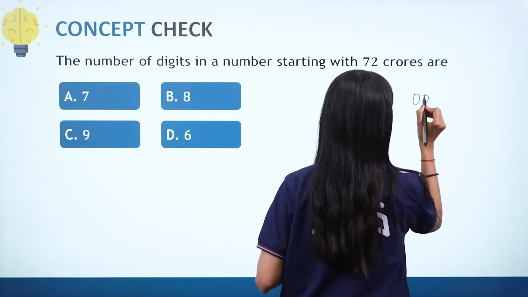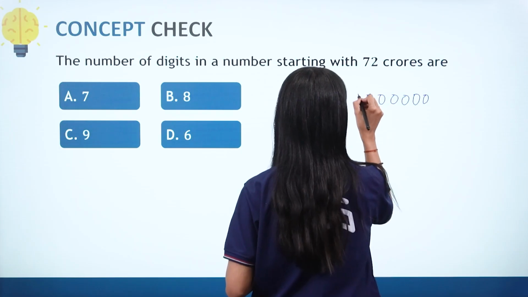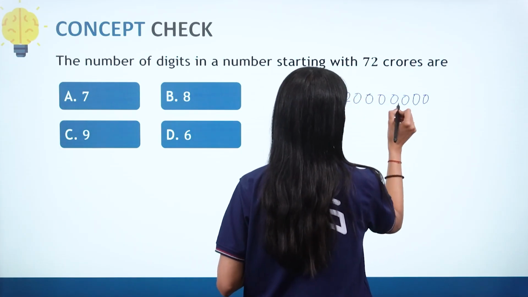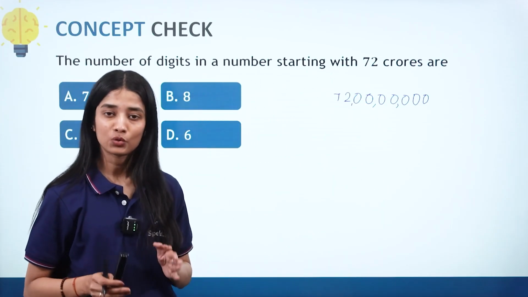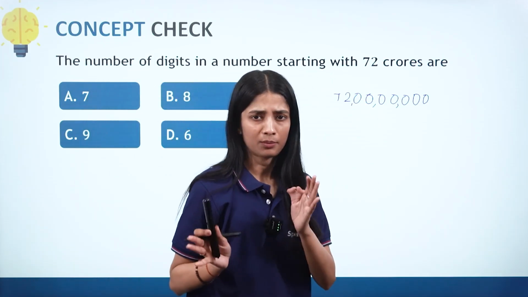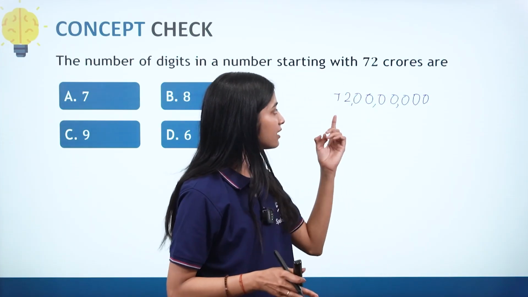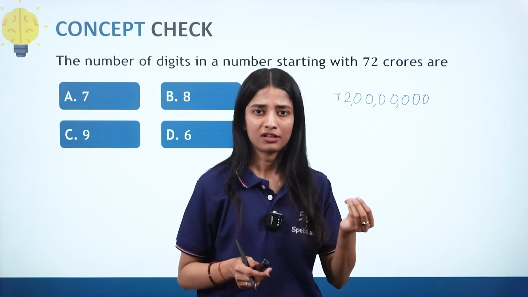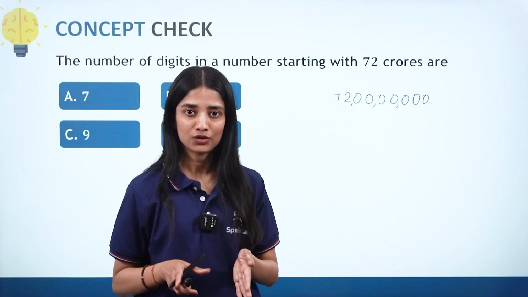So ones, tens, 100, 1000, 10,000, lakh, 10 lakh, then crore and 10 crore. This number is 72 crores. It could be 72 crores, 81 lakh, or 33,000, anything. It doesn't matter, but it is starting with 72 crores.